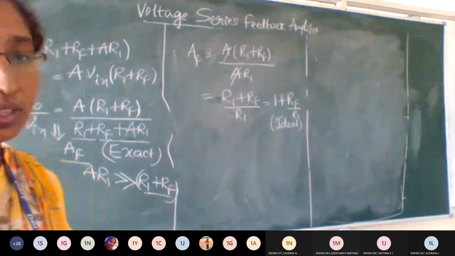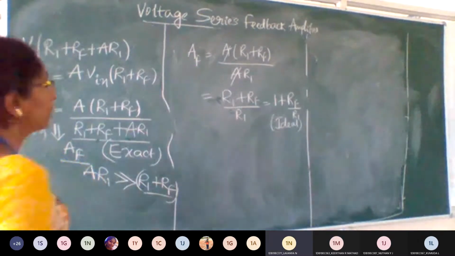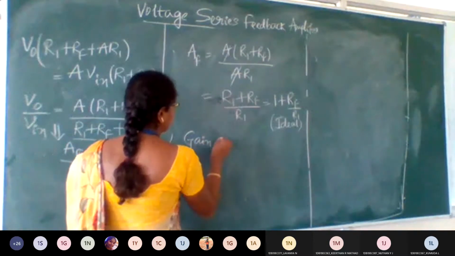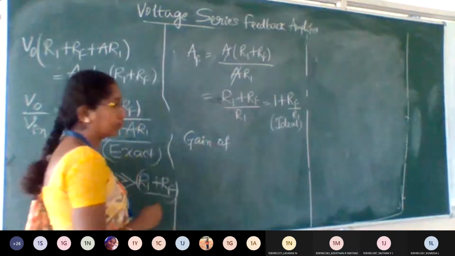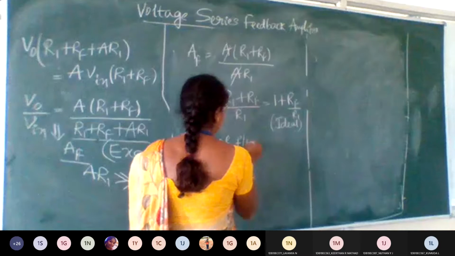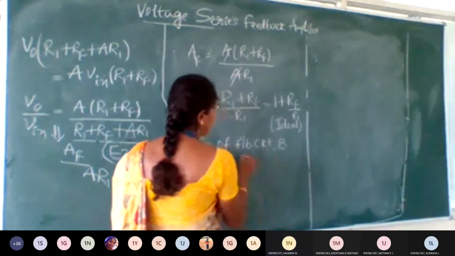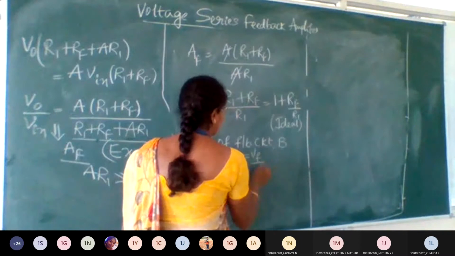Shall we continue? Now, what is the gain of a feedback circuit? What is the notation? It is capital B, Vf by V naught.